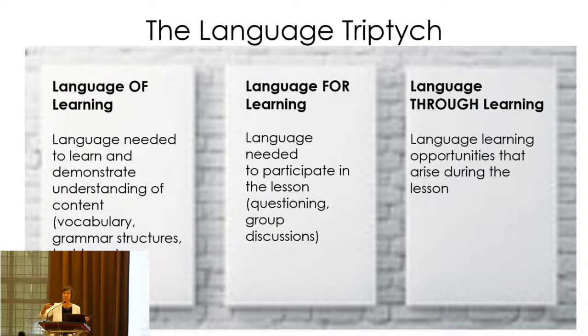So perhaps if the student mispronounces something, then at that moment, you will help the student to pronounce it correctly. If the student gives you the answer in everyday language, at that moment, you can help the student to paraphrase it. The language through learning, these are golden opportunities.